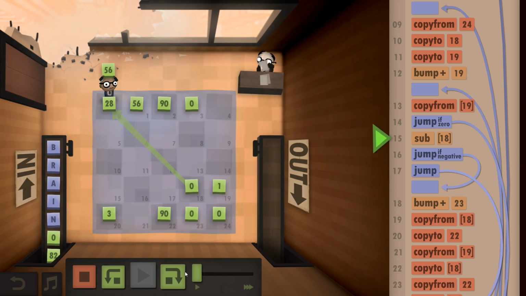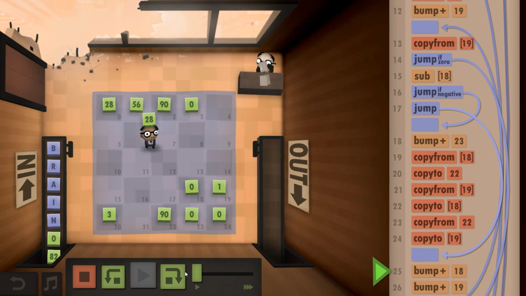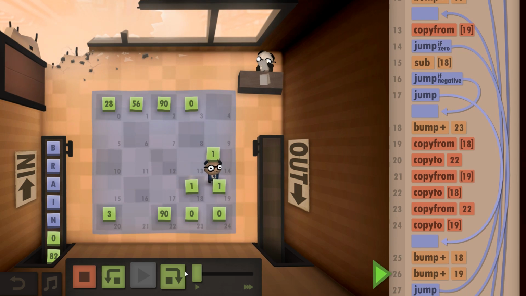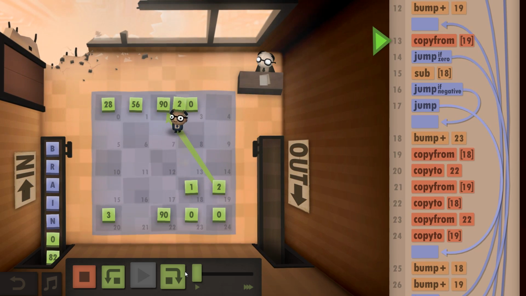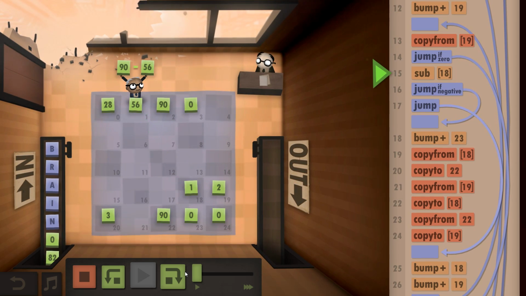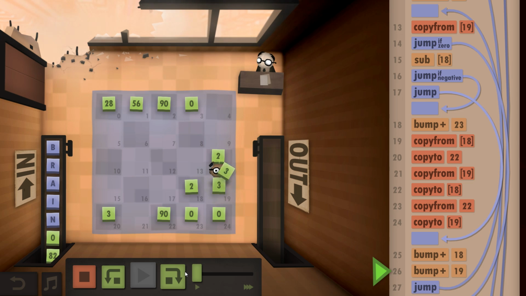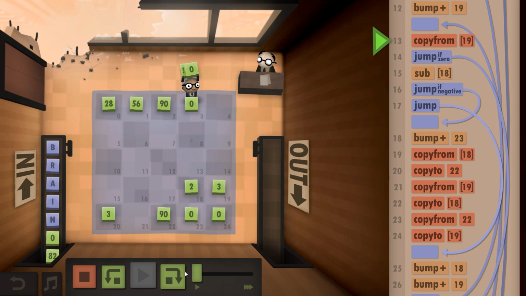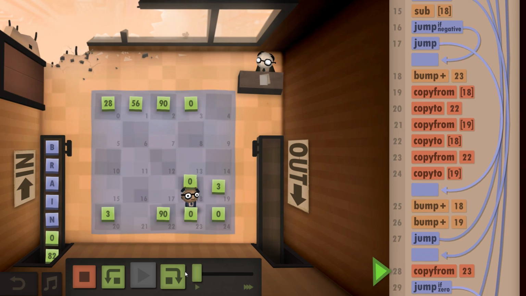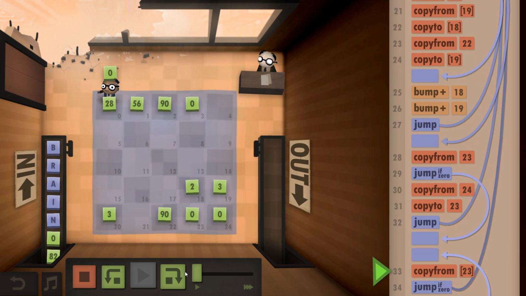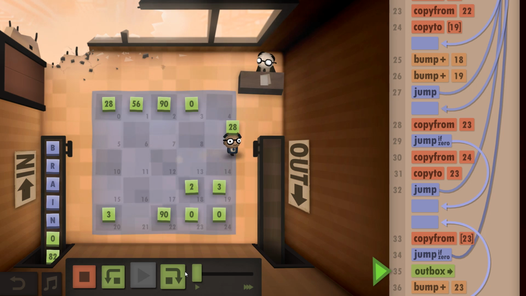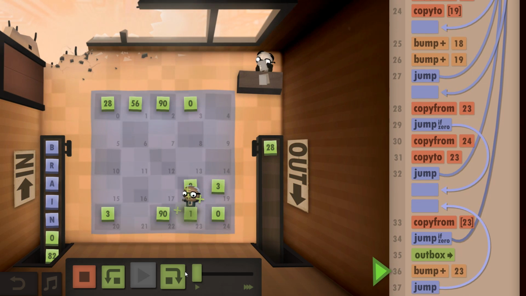Yeah, I don't know, I'll have to think about this a lot more, I think. Because right now I don't have any good ideas. This is obviously a very unoptimized bubble sort thing, but I don't really know how to make it better.